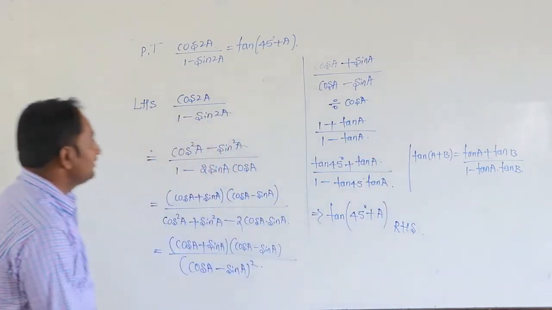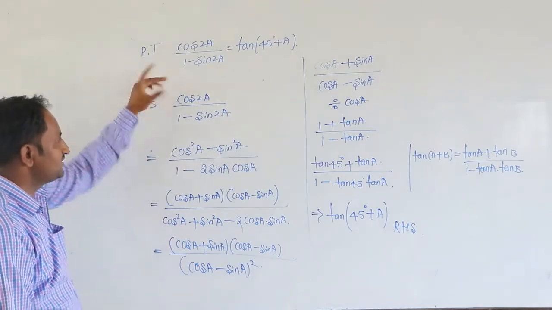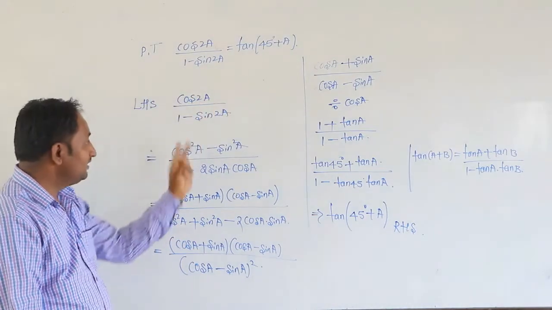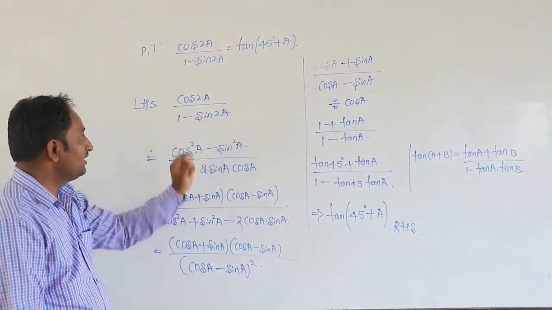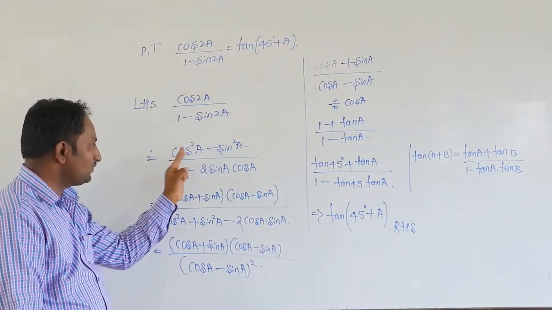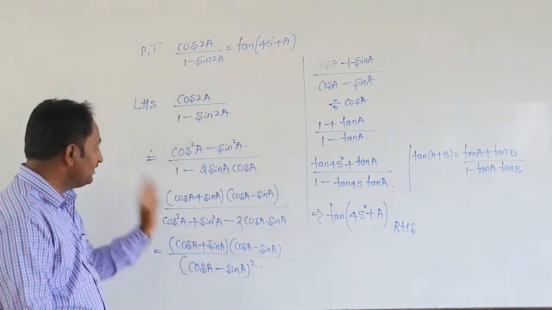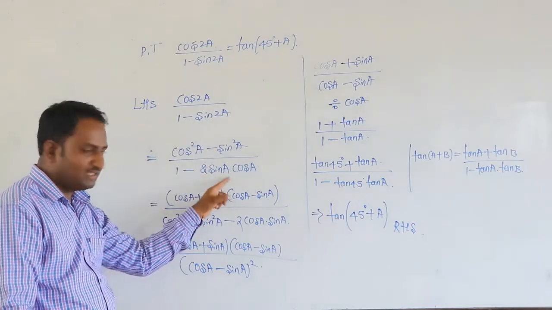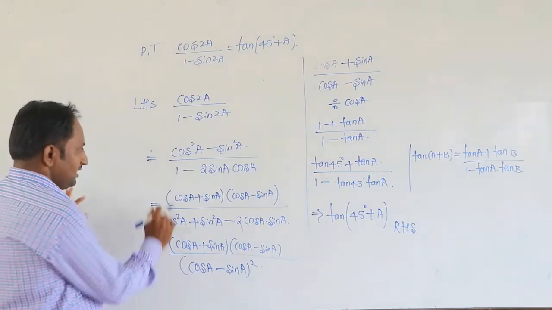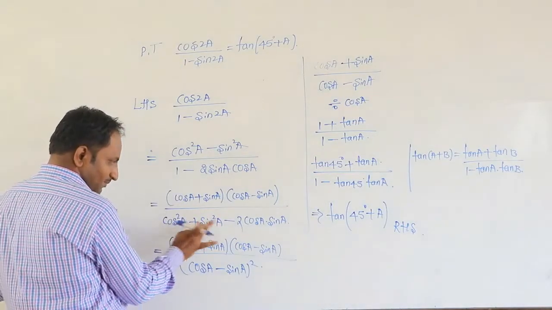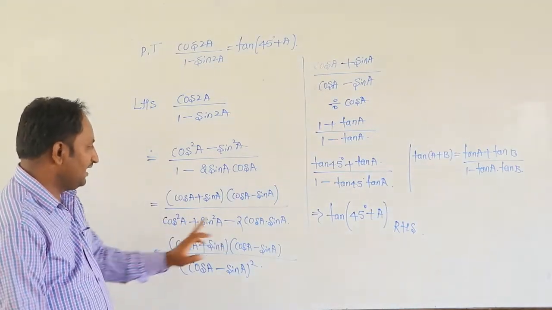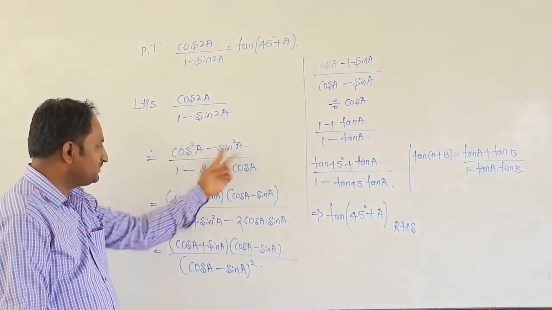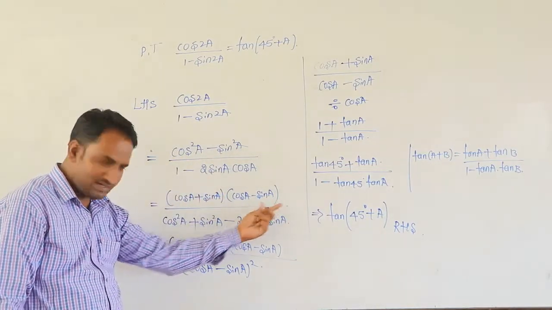That is the RHS. Here consider LHS: cos of 2A divided by 1 minus sin of 2A. Cos of 2A formula is cos square A minus sin square A, divided by 1 minus sin of 2A, whose formula is 2 sin A cos A. Here 1 can be expressed as cos square A plus sin square A, and in the a square minus b square form, (a plus b)(a minus b).